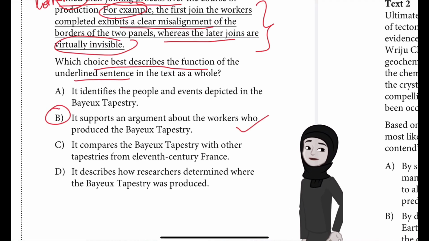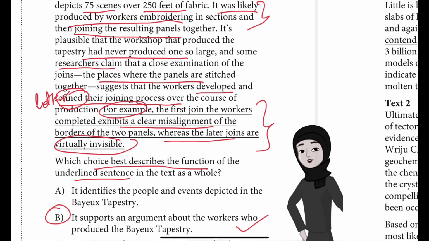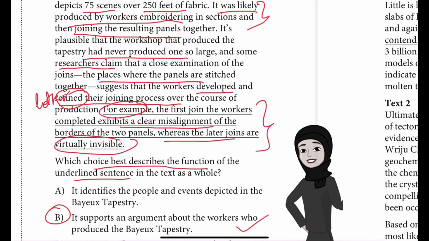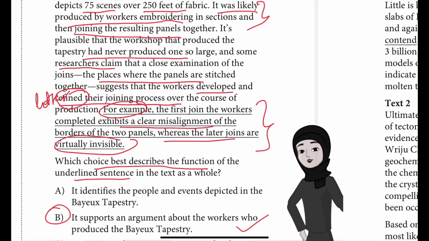Choice B is the best answer because it most accurately describes the function of the underlined sentence in the text as a whole. The text discusses the Bayeux Tapestry, making the point that the workers who produced the huge tapestry in the 11th century might not have ever produced a tapestry so large before. The text goes on to suggest that because of this lack of previous experience, the workers developed and refined the process of joining the tapestry's panels over time as they worked.